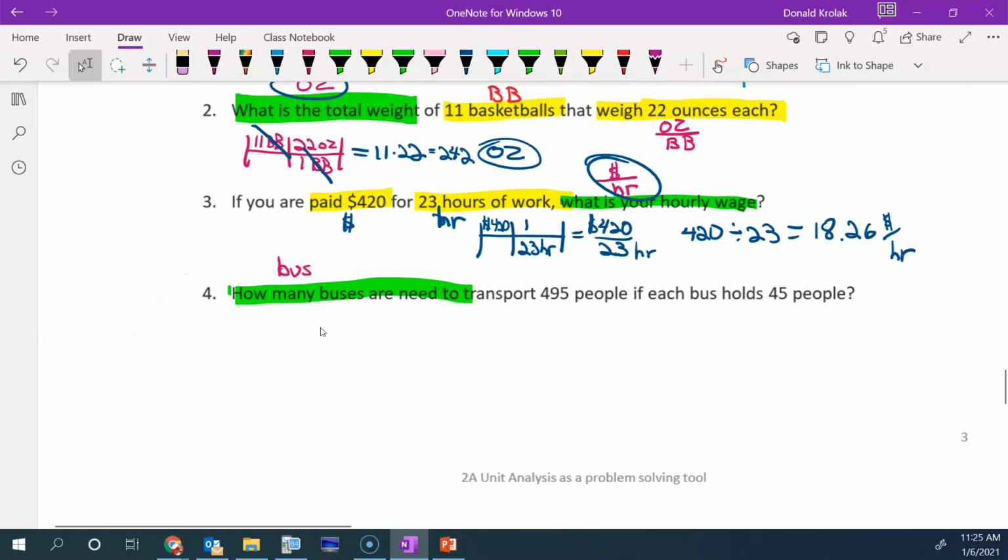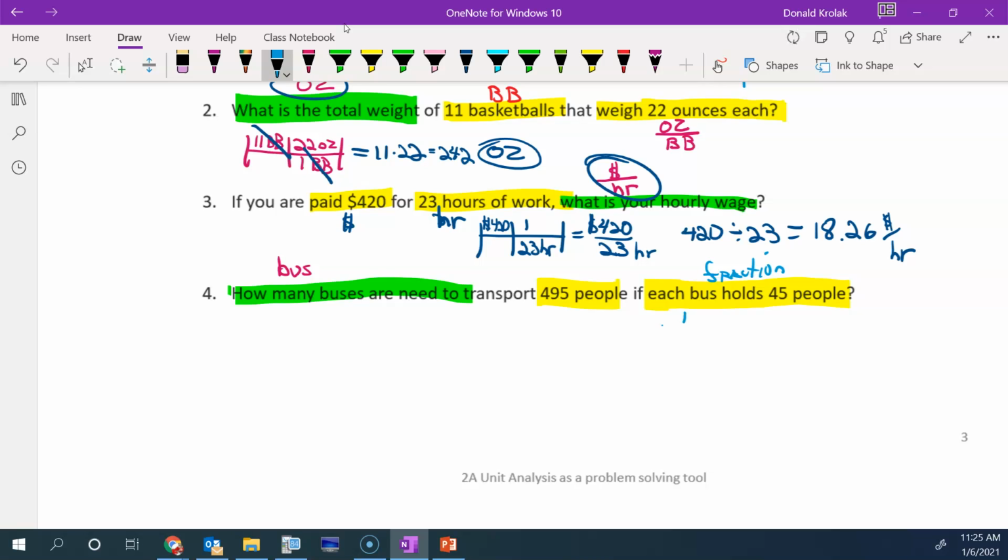Okay, I got 495 people. Each bus, there's that word, each bus holds 45. That means I'm going to write this as a fraction. And I got a choice.